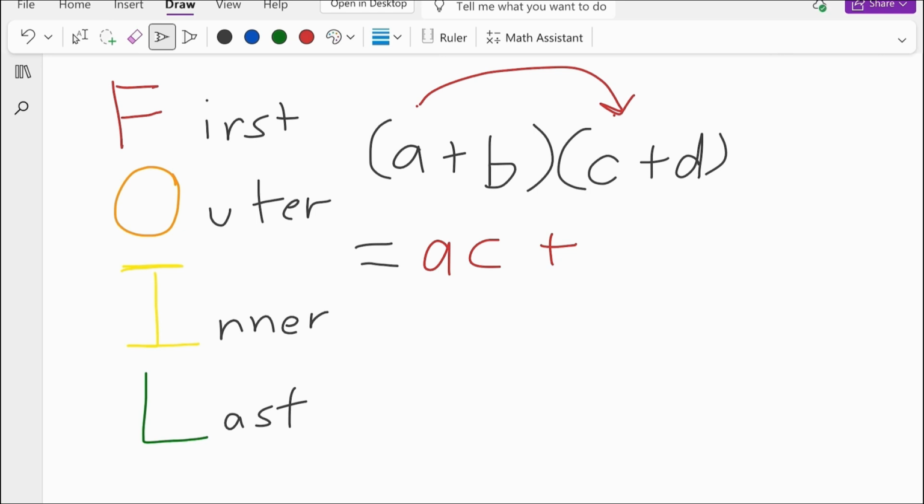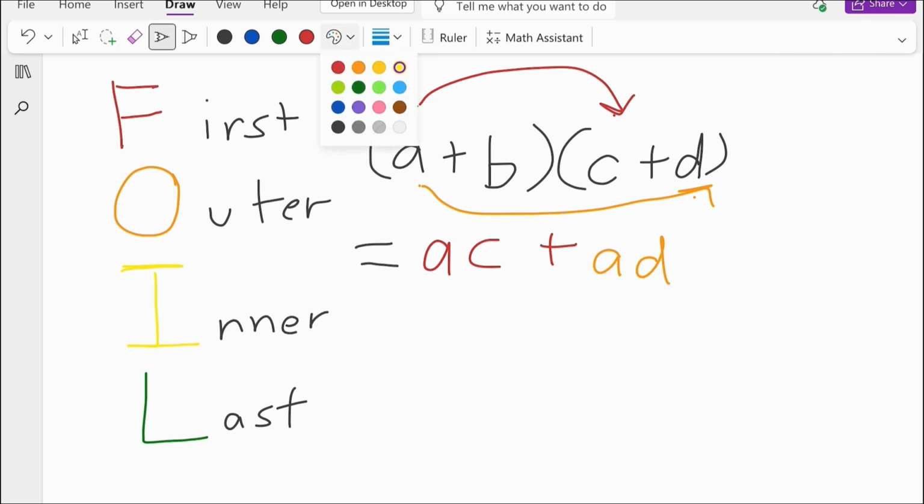We're going to take the one on the left side, which is a, and we're going to take the one on the rightmost side, which is d. And so we're doing a times d, which gives us ad. Now we're going to do inner. We're going to do the ones that are squished together in the middle.